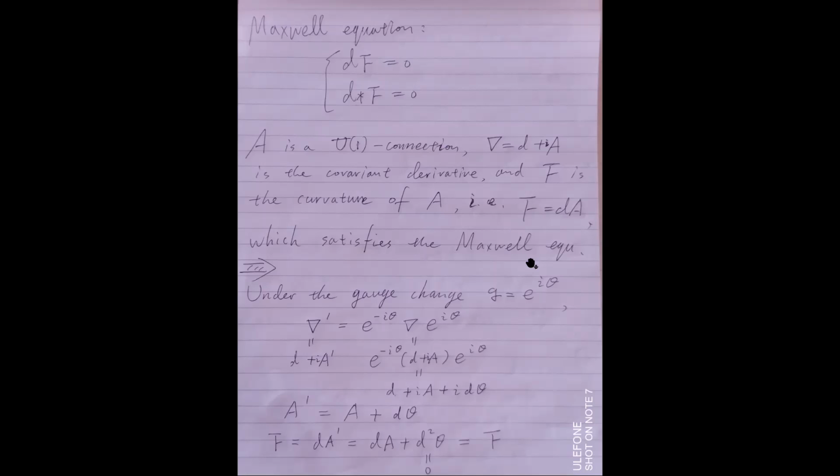So this is because we want to consider the gauge change. Let's say g equals e to the i theta, where theta is a function on R4, and the covariant derivative changes under the gauge change in the following way.